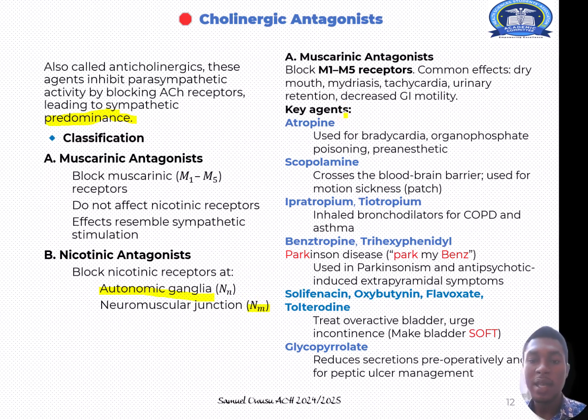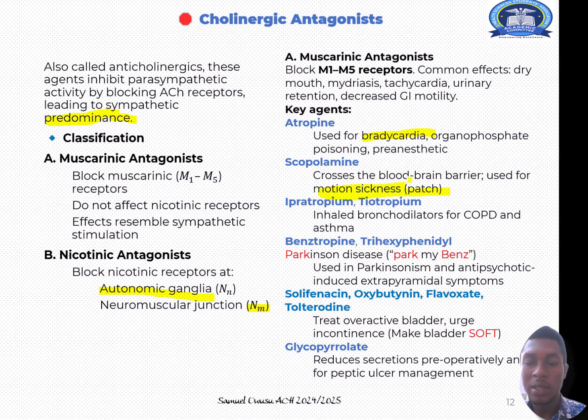The agents are atropine, scopolamine, ipratropium, or tiotropium. Atropine, like we mentioned, is used for the management of bradycardia and organophosphate poisoning, and sometimes in pre-anesthesia.